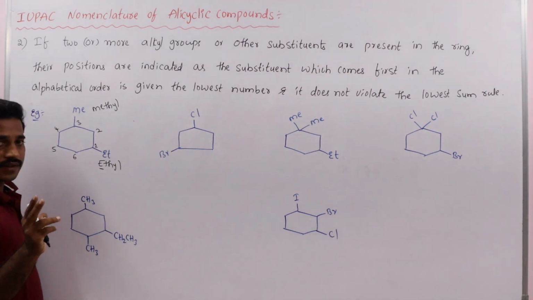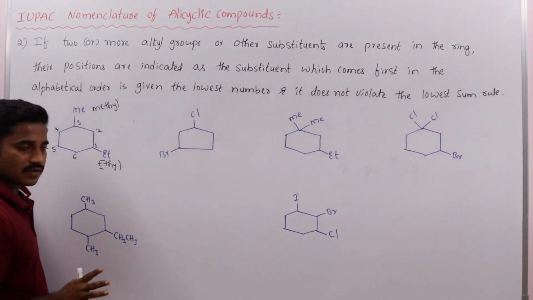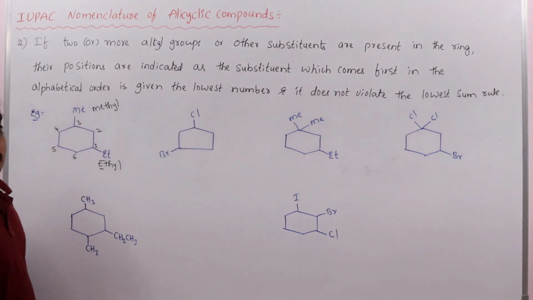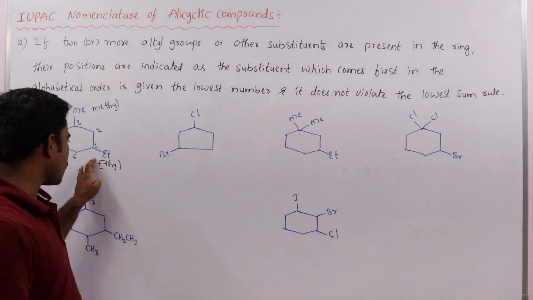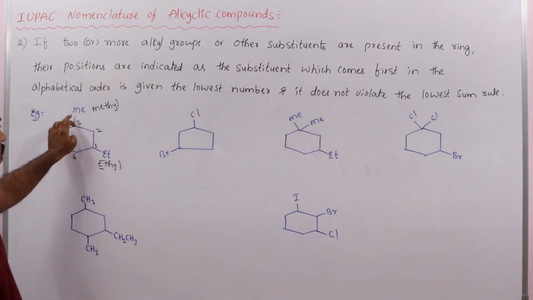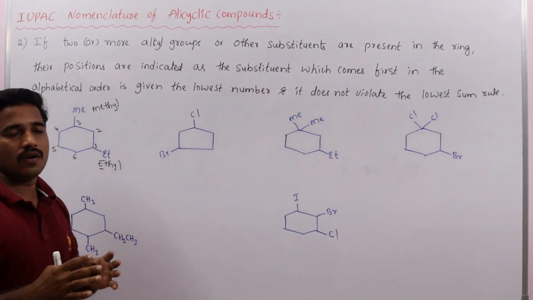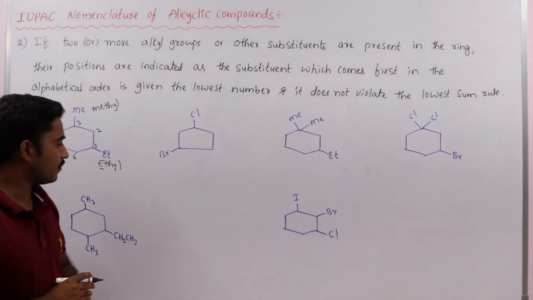Here on cyclohexane, 2 substituents are present. One is at the first position, one is at the third position. At the first position the ethyl substituent is there, at the third position the methyl substituent. So while writing the name, we have to follow alphabetical order compulsorily.